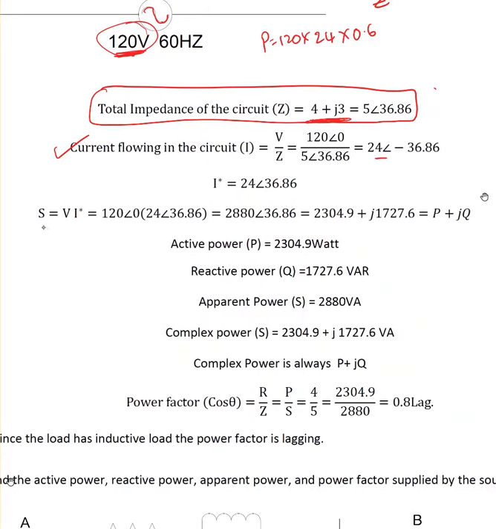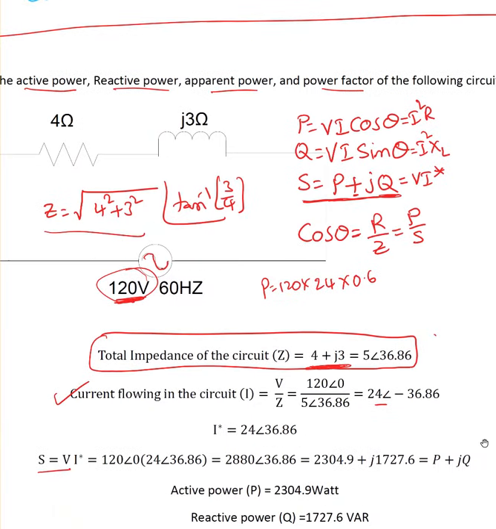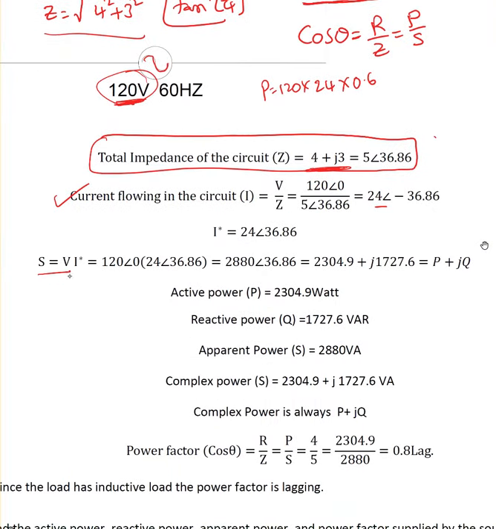Now S equal to, I can use VI conjugate. Instead of using VI cos theta or I squared times R, I found the S value first. S equal to VI conjugate. V is 120 volts, I conjugate is 24 at an angle of 36.86.